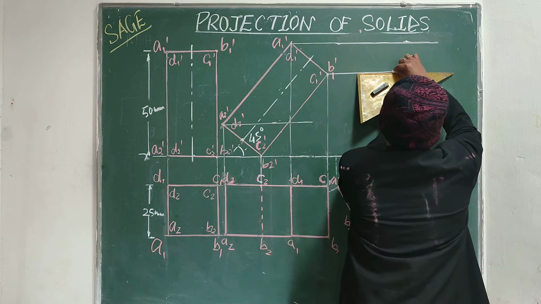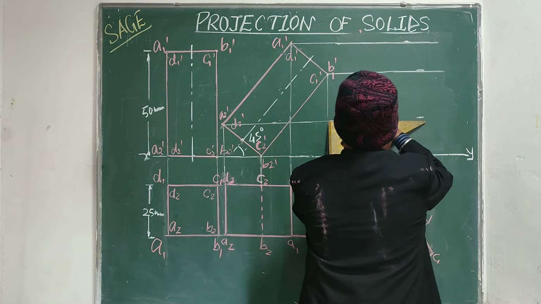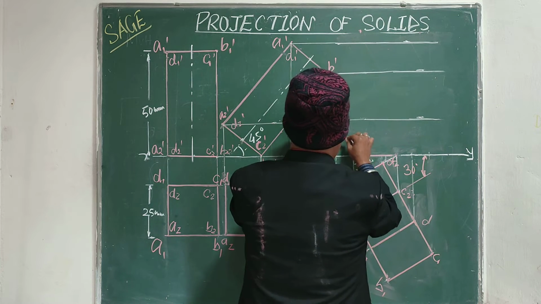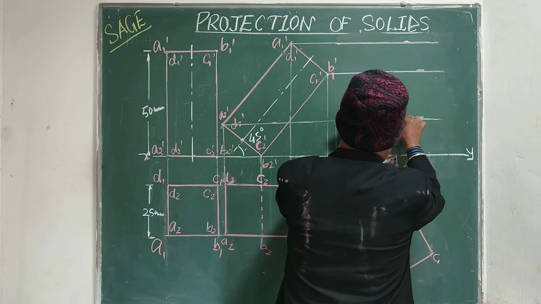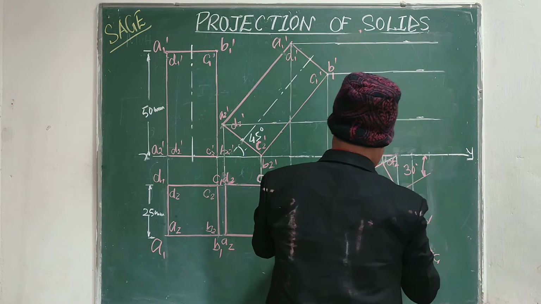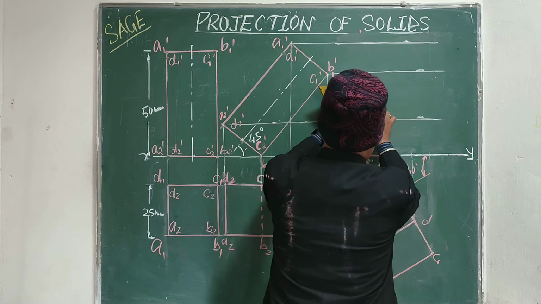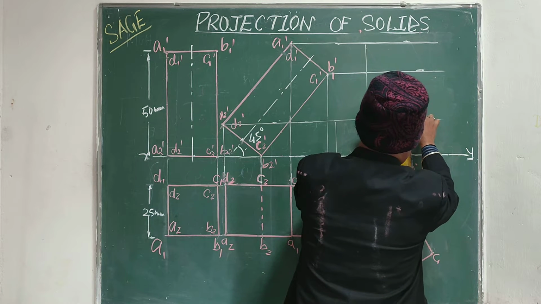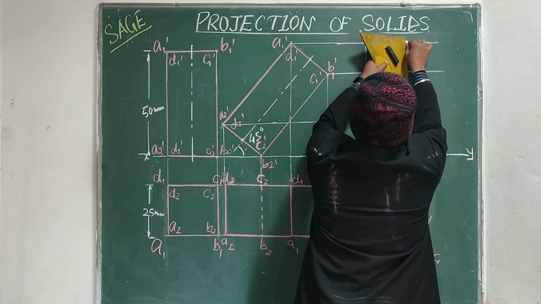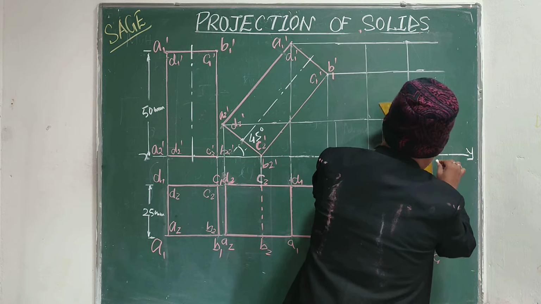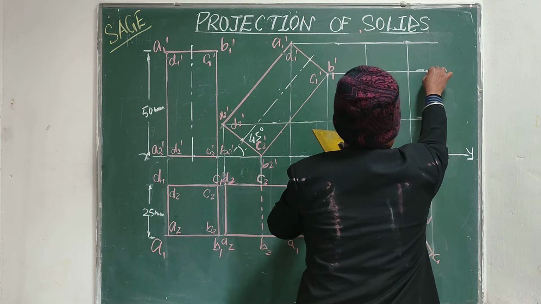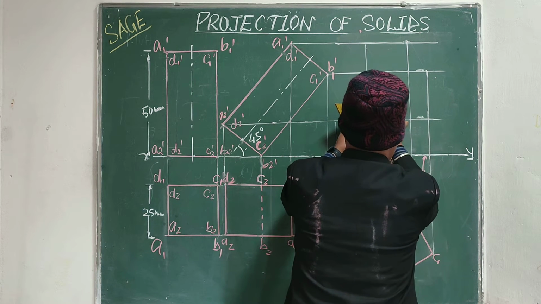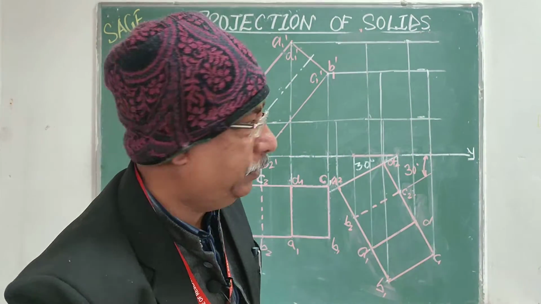So there will be 4 locuses in the front view, and after that I will draw verticals from the top view, B2, C2, D2, A2, then D2, A1, D1, A1, so I will mark all the points in the front view.